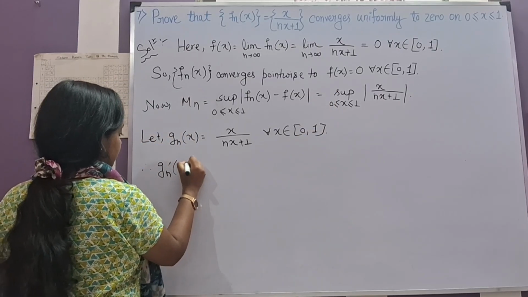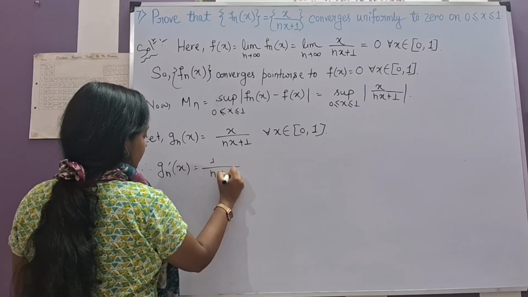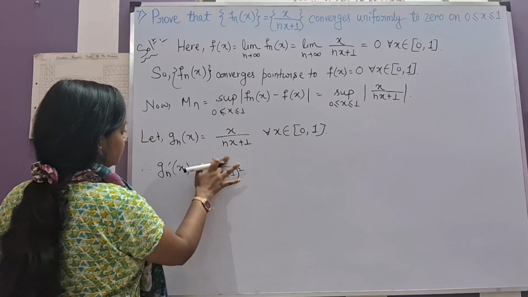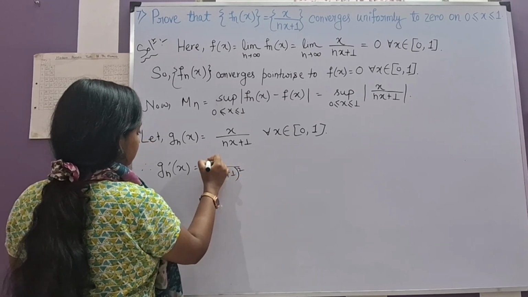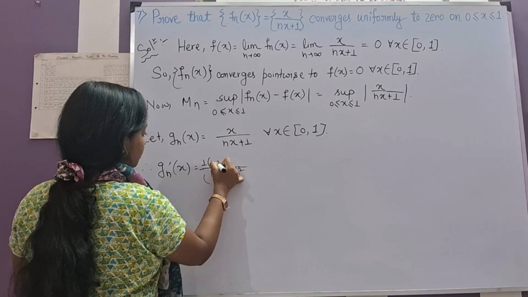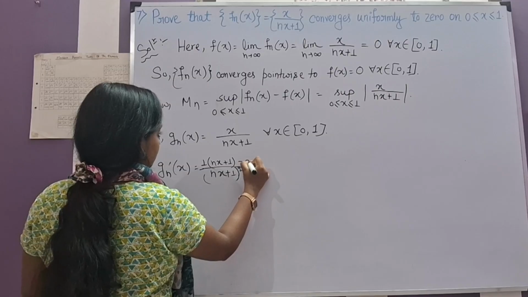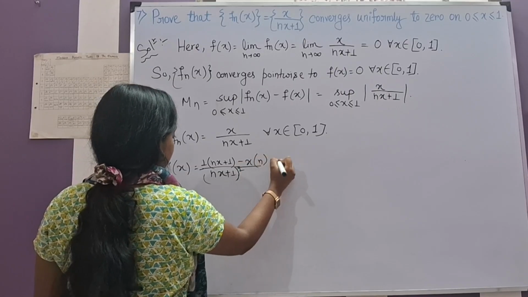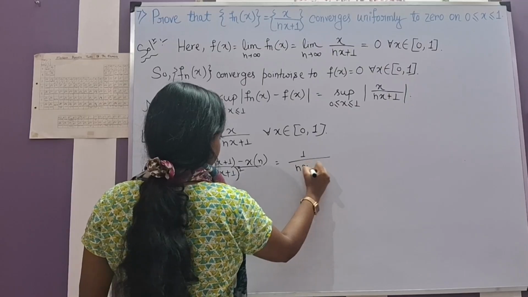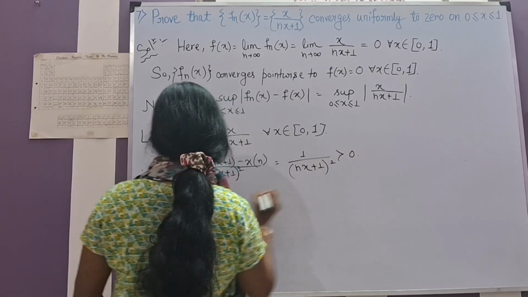So g dash n of x equals 1 by (nx plus 1) whole square; here 1 into (nx plus 1) minus x into n equals 1 by (nx plus 1) whole square, which is greater than 0.